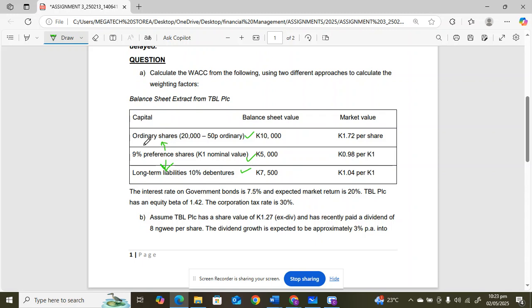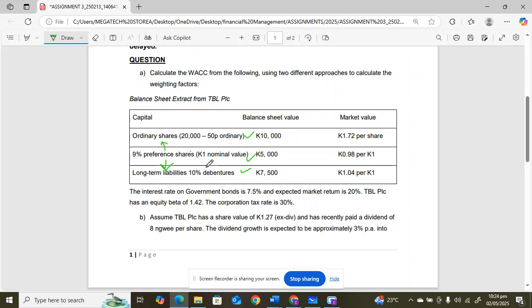But with preference shares and ordinary shares, you're a part owner. So preference shares are a hybrid between the two. And as I said, preference shares, just like debt, can also have a maturity date, or they can just be irredeemable, meaning there's no maturity date and you just keep receiving your payments as long as the company is still there.